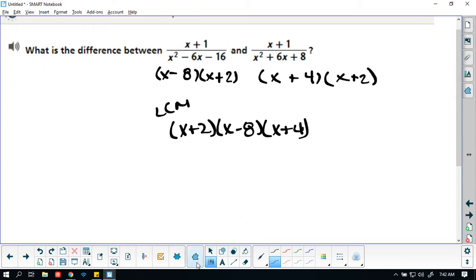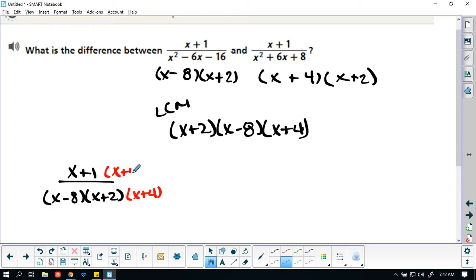Okay, now let's look at the x plus 1. Keep this in factor form so I can see which one I have to multiply to the numerator and denominator. So this has those two pieces. It needs the x plus 4. Multiply x plus 4 to both the numerator and denominator, x plus 4, x plus 2.